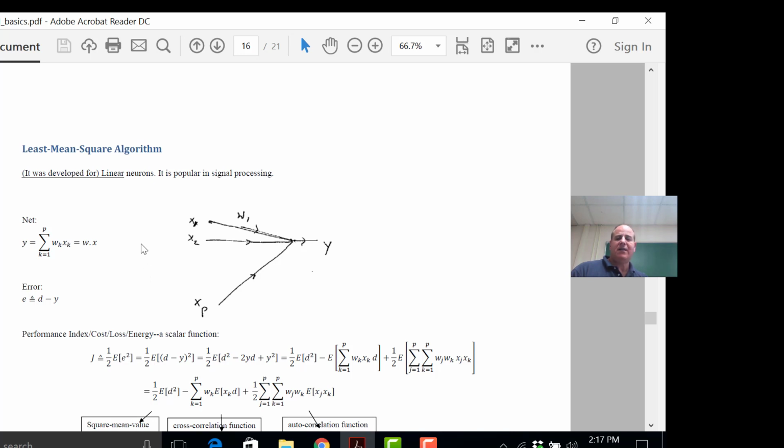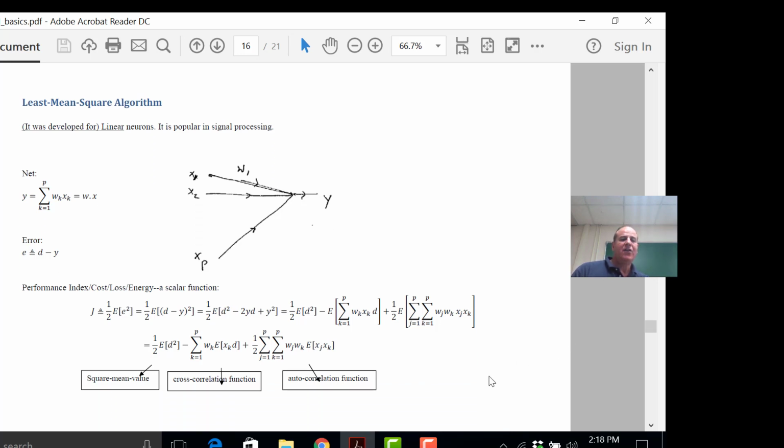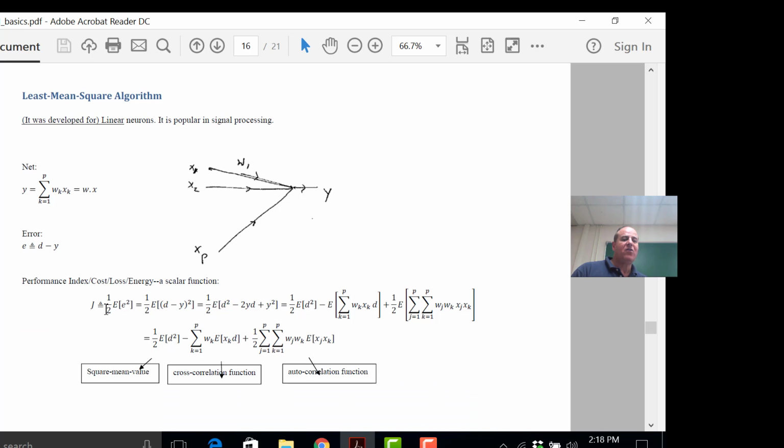The way to specialize the gradient descent is by, again, looking at the error as we defined before. I'm limiting myself here to a single scalar output and a vector of inputs. And we define the same loss or cost function or index or energy.